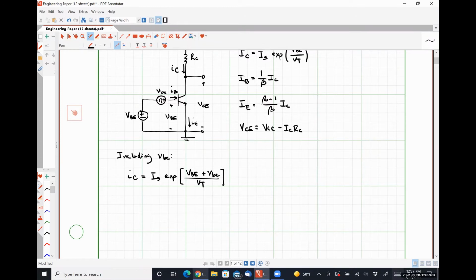So if we move a little bit beyond our DC biasing point, we should expect our collector current to change a little bit, right?